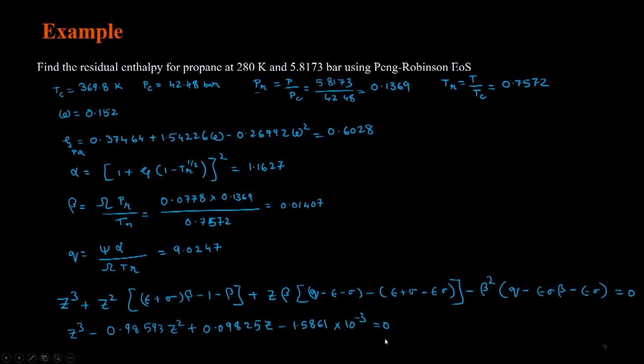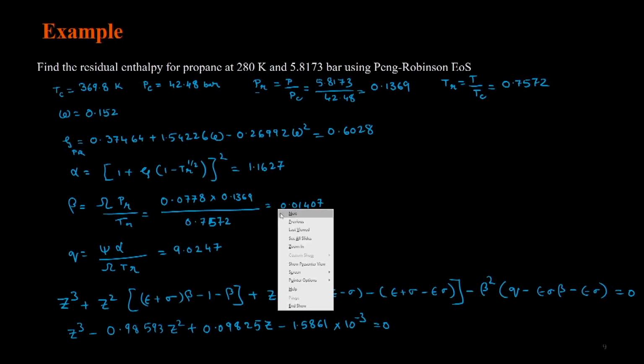This equals 0. These are the coefficients for the polynomial. I can solve this polynomial, and it turns out it will give me roots: a vapor root, which is 0.8758, and a liquid root, which is 0.0201. These are the vapor and the liquid roots I have for this particular polynomial.